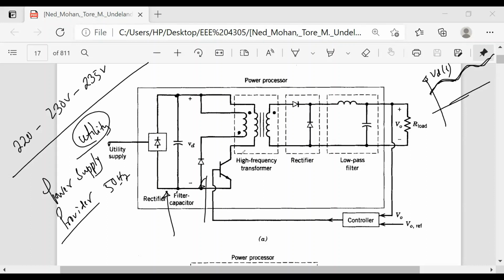And what you will do, there will be a switching device. What is the switching device we are using here? BJT. And that switching is controlled by your control voltage, Vc. Of course, this is the control signal.